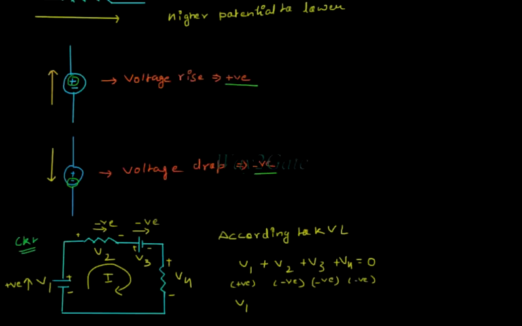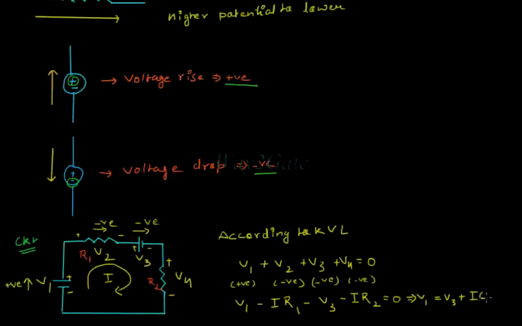Therefore, positive V1, if this is resistance R1 and this is R2, then minus IR1 minus V3 minus IR2 is equal to 0, or V1 is equal to V3 plus I into the sum of R1 plus R2.